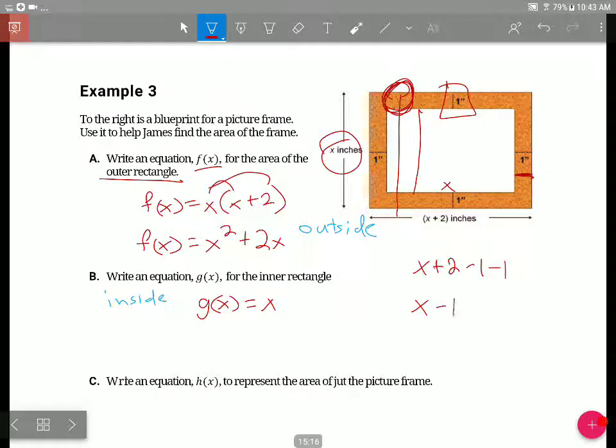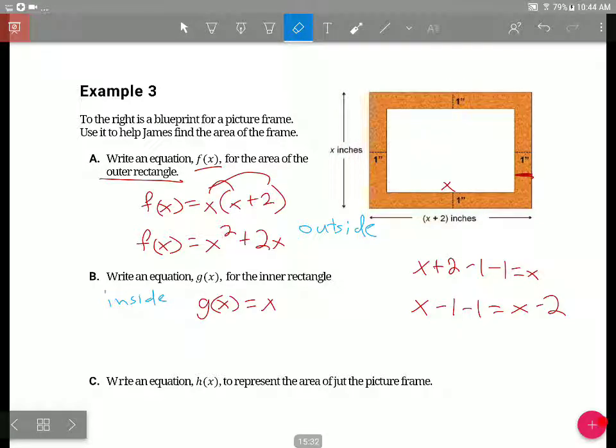Okay, we're taking away 1. How wide is this bottom piece? 1. So we're taking away 1. What's x minus 1 minus 1? X minus 2. So the height is x minus 2. So base times height is x times x minus 2. All right, that's the base times the height of the inside rectangle.